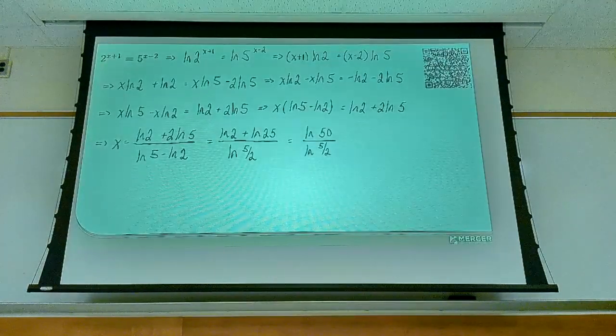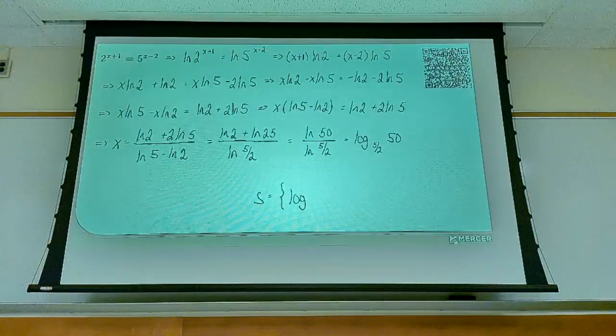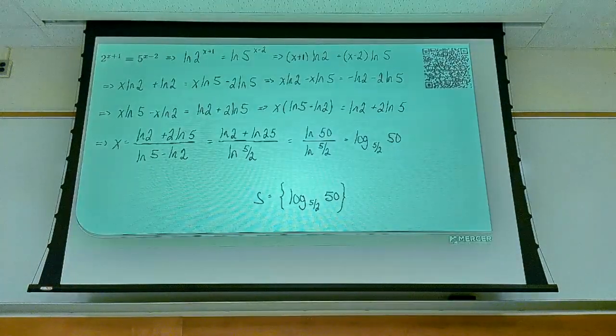Then you have the product in the numerator, it's the sum of logs. And then change of base formula: log base 5/2 of 50. I think that's how I'll write the solution.